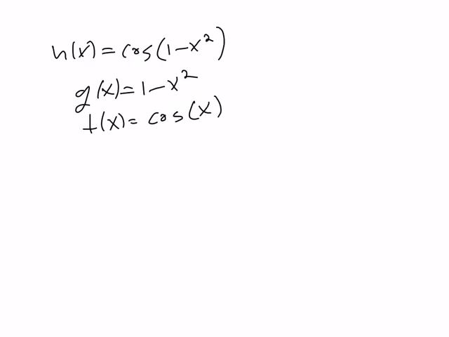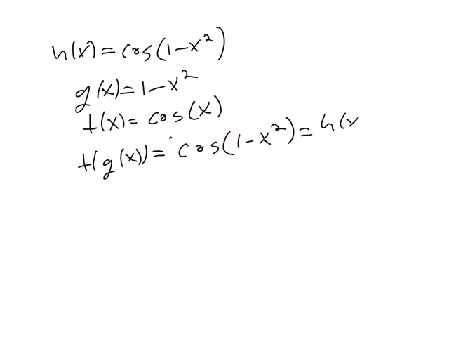And so therefore we have f of g of x is equal to cosine of 1 minus x squared, which is equal to h of x, right? Everywhere I see an x, when I put in g of x, I just put in this.